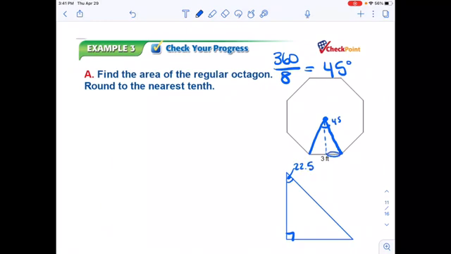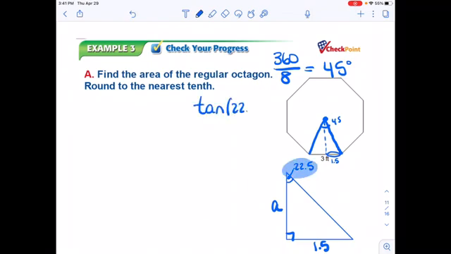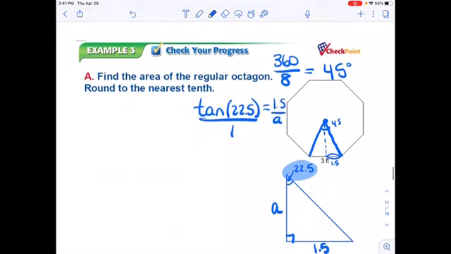And just this portion is half of the whole side of my octagon, so 1.5 here. And I want to only find my apothem. Notice I have opposite and adjacent from my perspective here. So I'm going to use tangent of 22.5 is equal to opposite over adjacent.